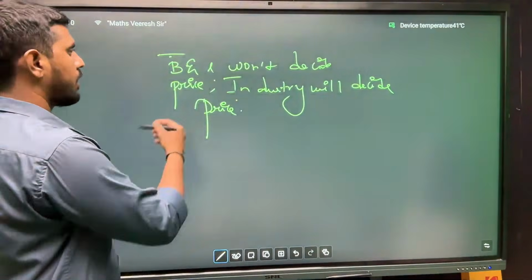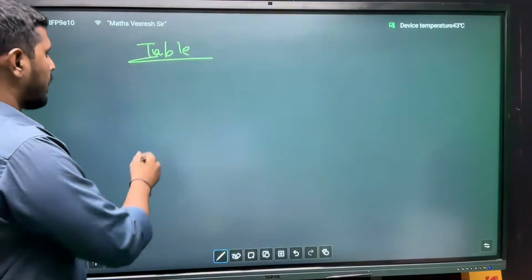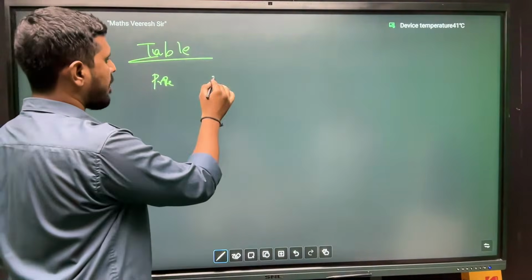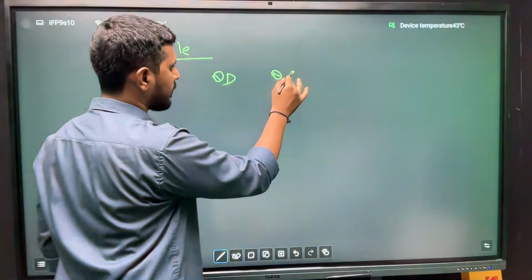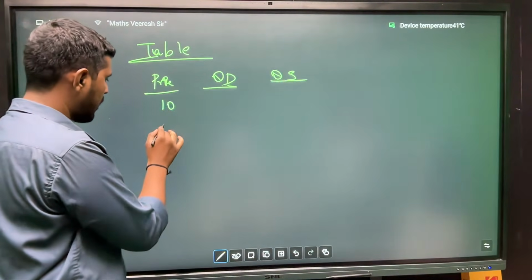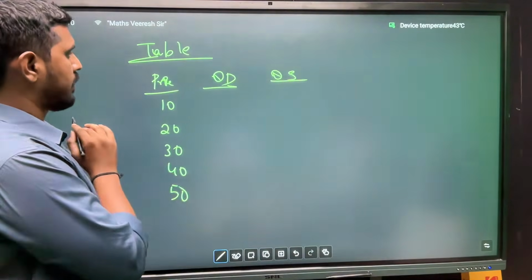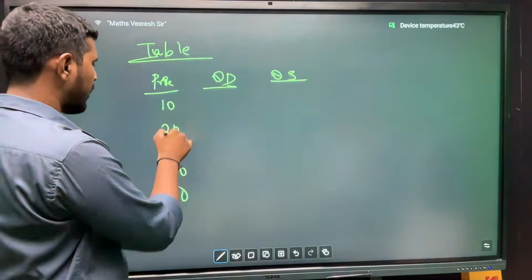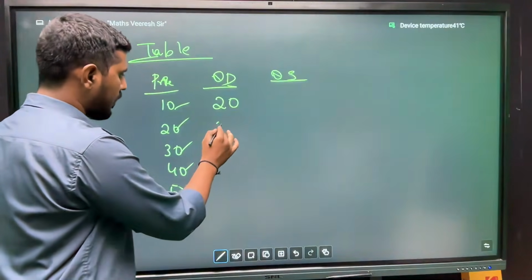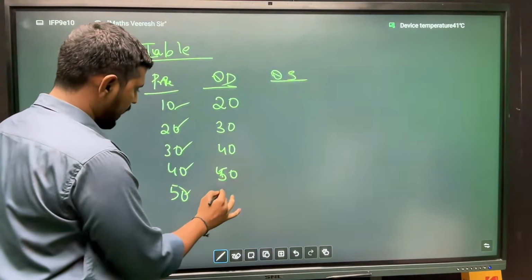And the next table is the most important. Price, QD, QS: quantity demand, quantity supply, and the price. 10, 20, 30, 40, 50. For example, you can take any other numbers also. I'm taking 10, 20, 30, 40, 50. Here, quantity demand 20, 30, 40, 50, and 60.